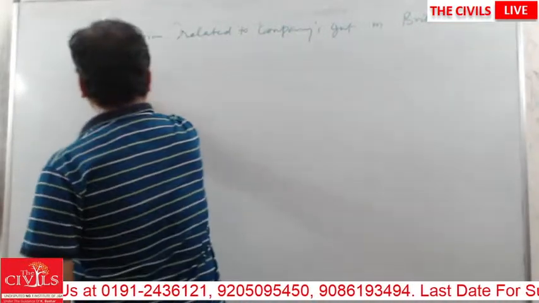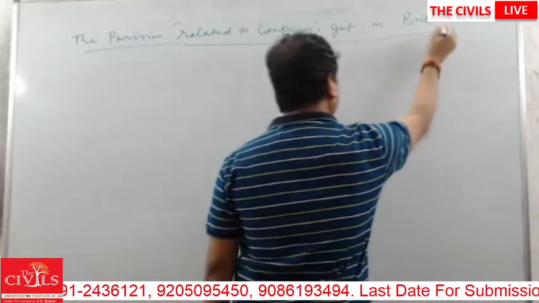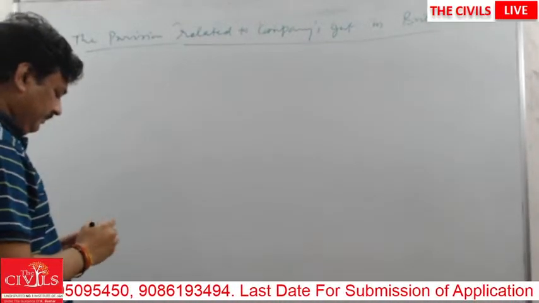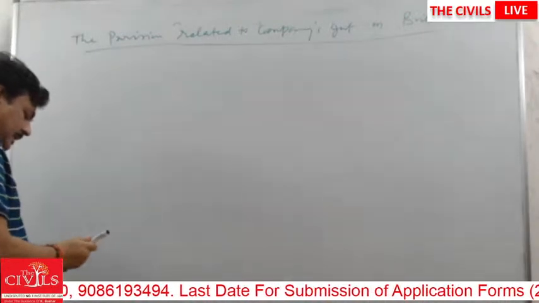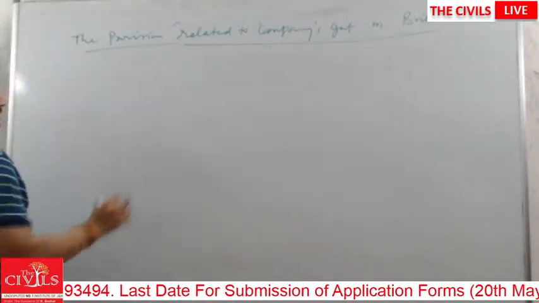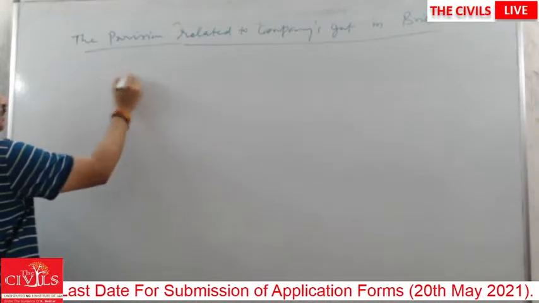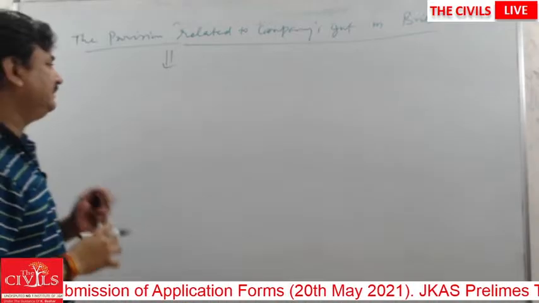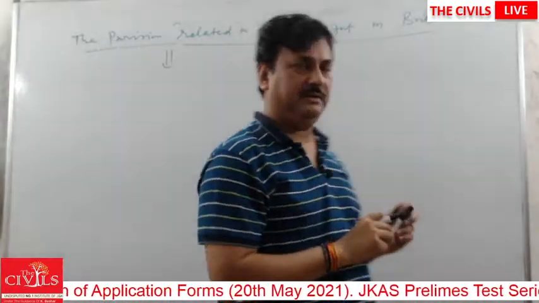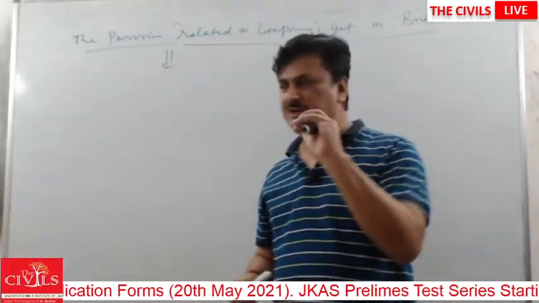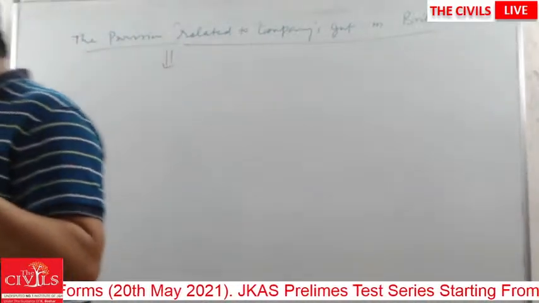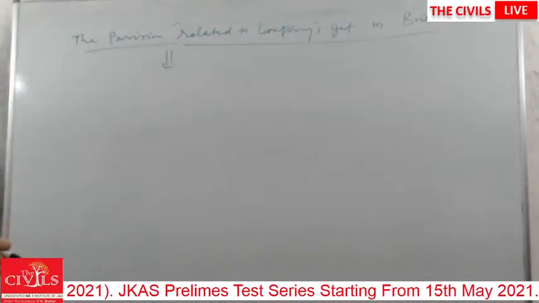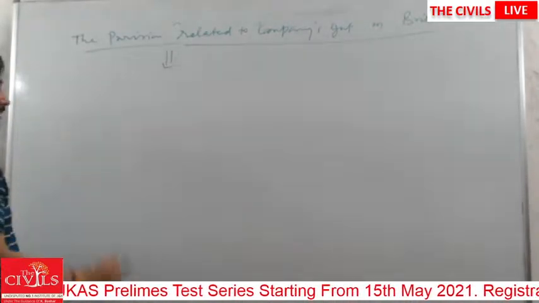Look here. There were two institutions in Britain that regulated the activities of the company. There were two institutions that governed the East India Company in Britain.